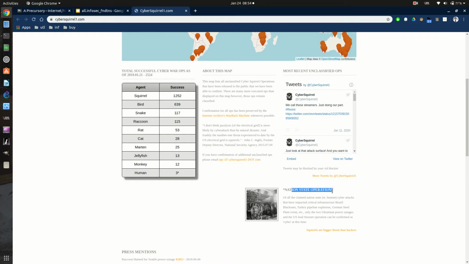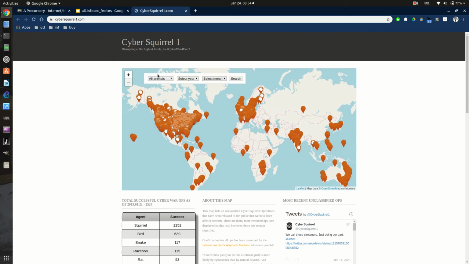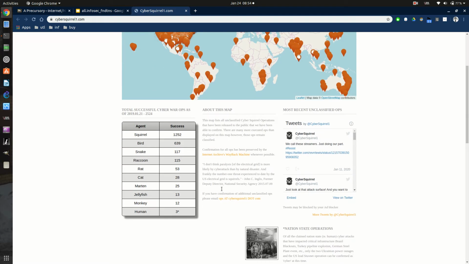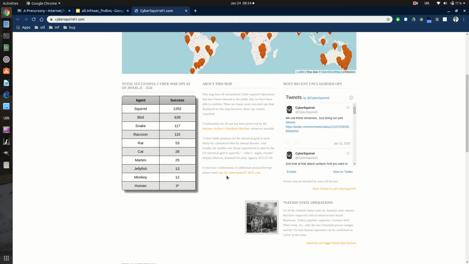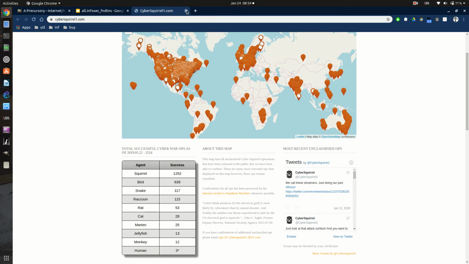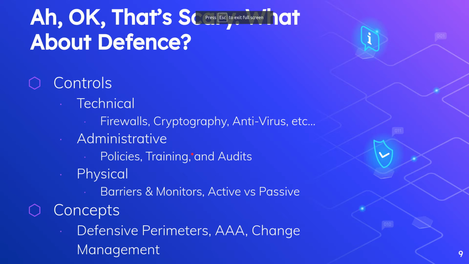There's nation-state operations. Okay, Stuxnet was an actual successful attack. So if we drop down to Human, other animals, I suppose. Anyway, squirrels are by far the most successful, taking out power, causing IT damages, infrastructure damages, right? So, anyway, that's the joke. It was a really good talk. We also have to worry about nature as well, right? They're a threat actor in many regards.